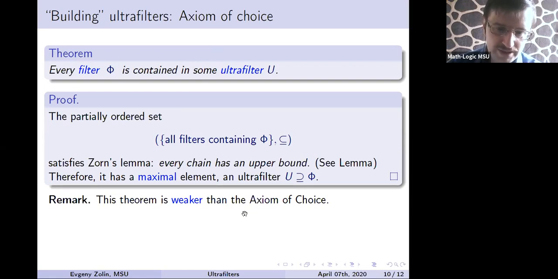They are all weaker than the axiom of choice. You cannot prove the axiom of choice from them. Well, of course, as usual, if Zermelo-Fraenkel set theory is consistent. Anyway, now we know that any collection of sets that has the finite intersection property is contained in some filter, and every filter is contained in some ultrafilter.